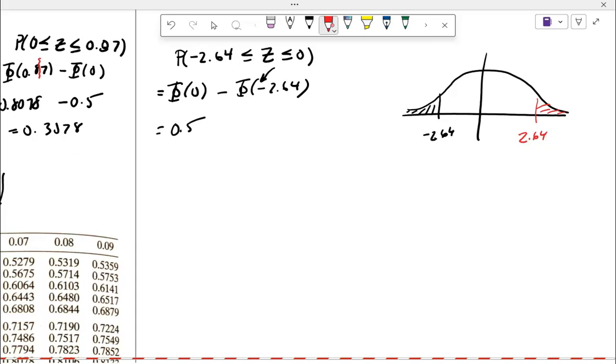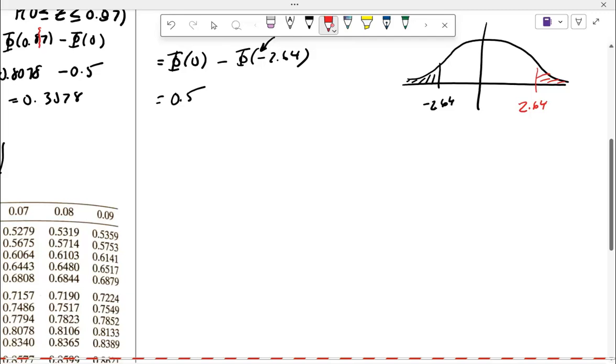We don't want what's above it, we want what's below it, so we want the complement, right? So all of this area is 1 minus that, right? It's the complement of that. I just wrote it where I wanted it.